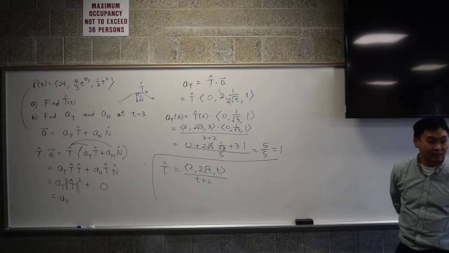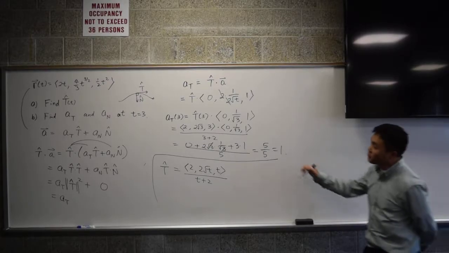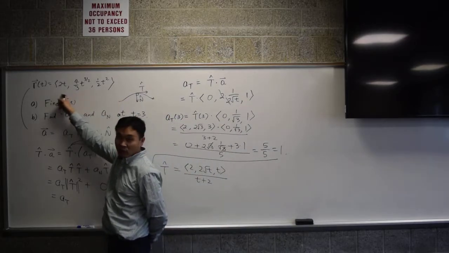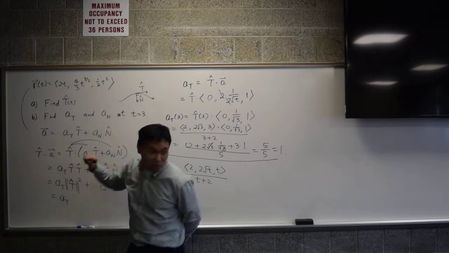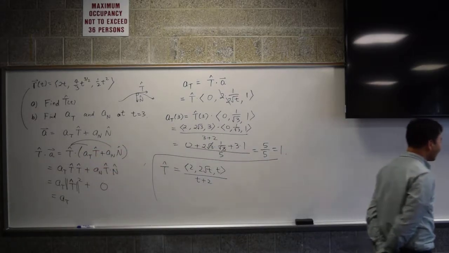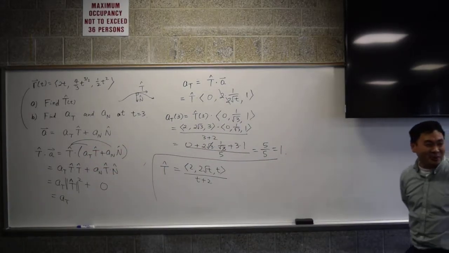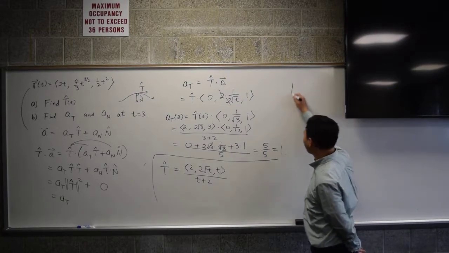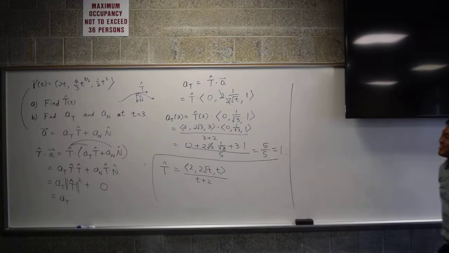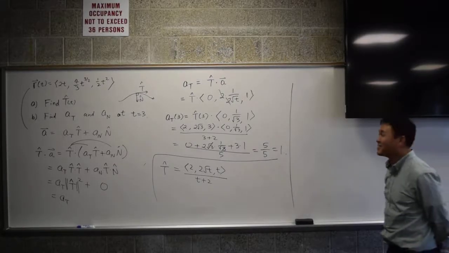Yeah, but what if your original vector was different? Of course, for two different ones, it will be different. I'm just referring to the fact that this t equals 3 didn't do anything. I mean, if it's always 1, you don't have to solve any questions. That'll be sweet, but unfortunately, life is not that easy. Calc 3 is not that easy.